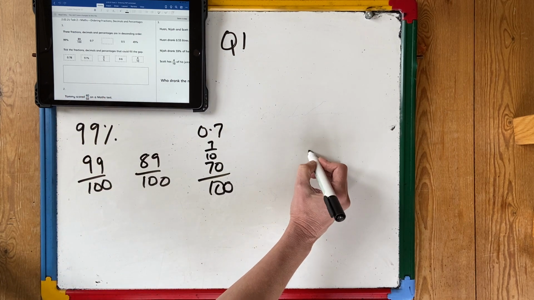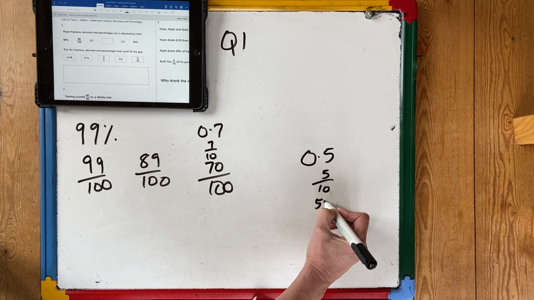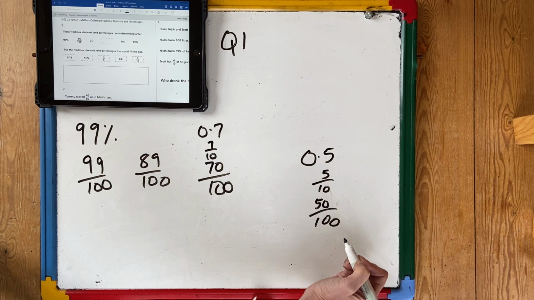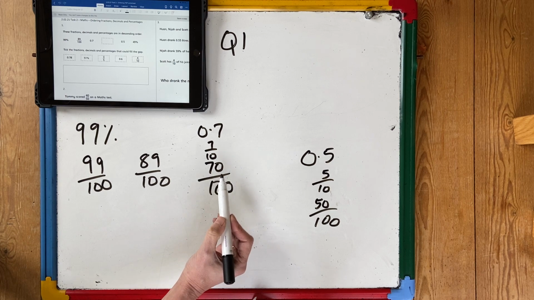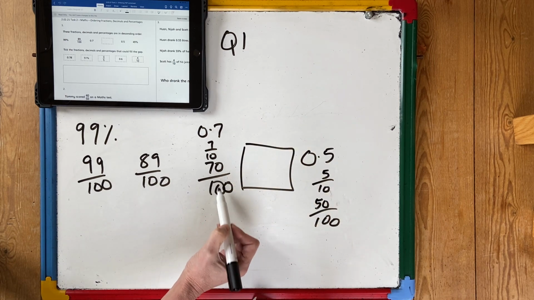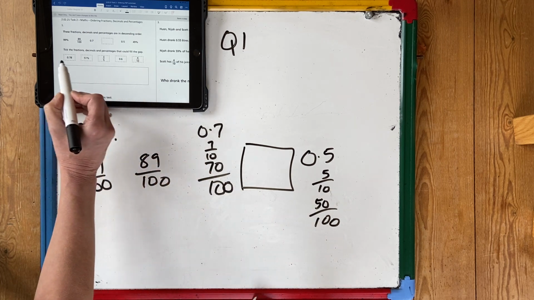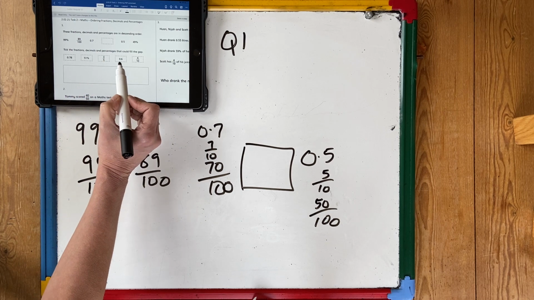And then the next one is 0.5, which is 5/10 or 50 hundredths. So we're looking for an amount here that is between 70 hundredths and 50 hundredths.